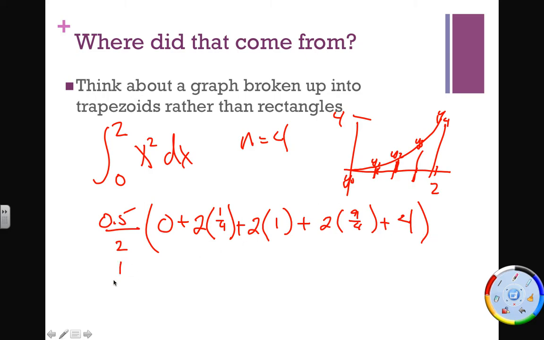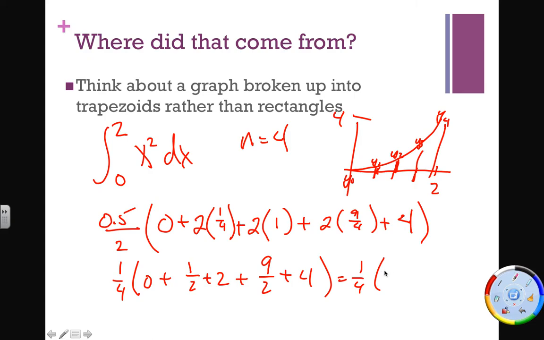So this is 1/4 times 0 plus 1/2 plus 2 plus 9/2 plus 4, which is 1/4 times 11. So it's 11/4. Is that even close? You could figure that out for yourself. Is that close to the exact thing? You could figure out the exact answer without much difficulty anymore, I think, for x squared.